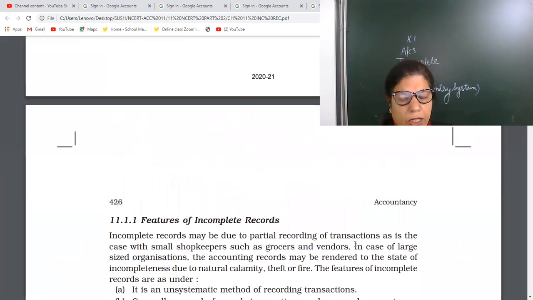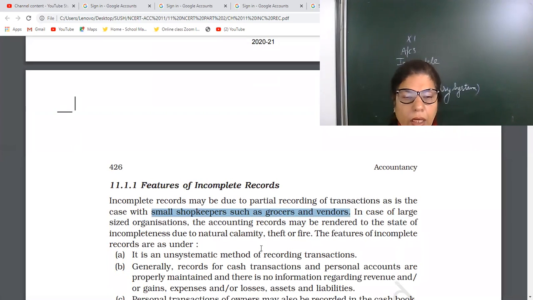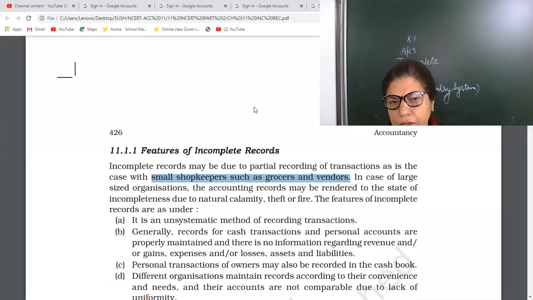Now, features of incomplete records. Please note down. See, as I just now told you, small shopkeepers, such as grocers and vendors, maintain their accounts on the basis of incomplete records. Okay. Now, features. The main feature we can say is that it is maintained and kept by small shopkeepers.